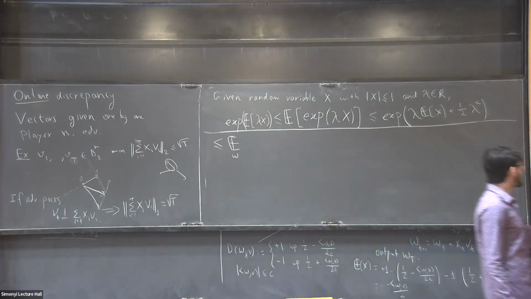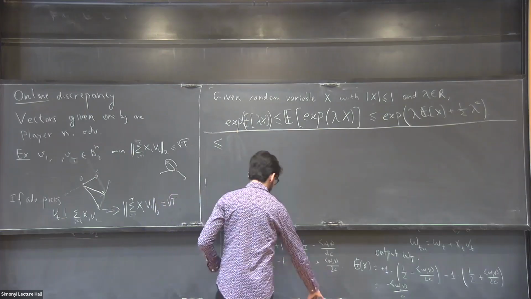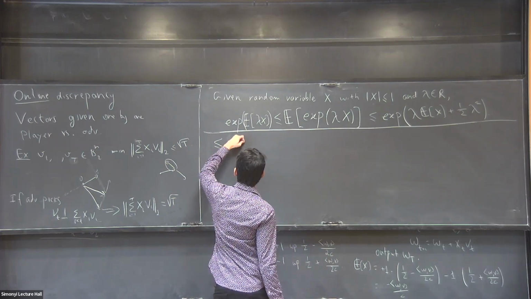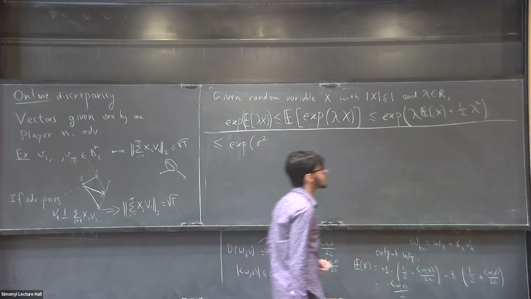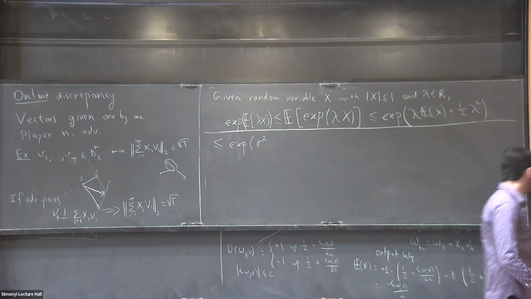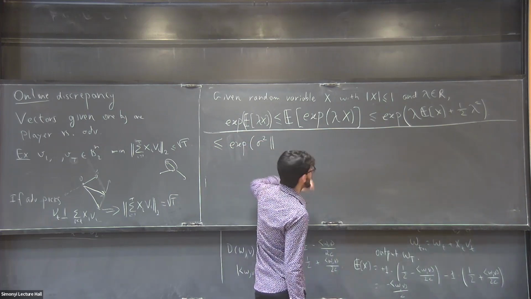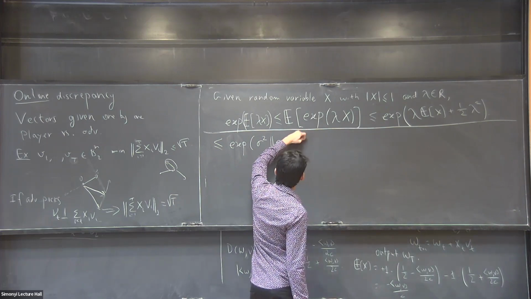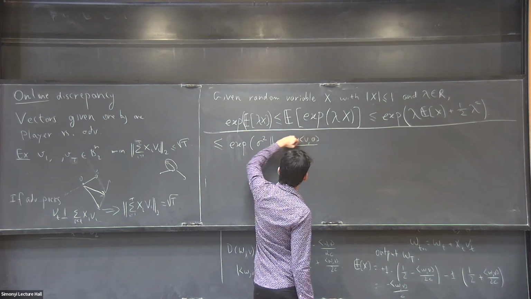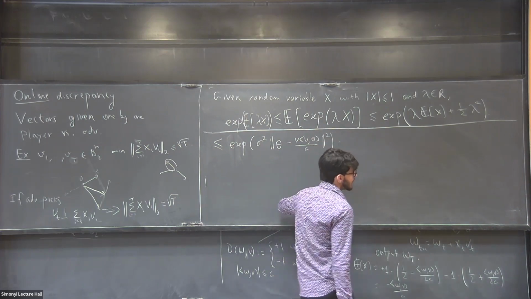So I apply this inductive hypothesis and I get, so there's no more expectation on W. It's just the exponential of sigma squared times the length squared of that vector. And then there's this other term.